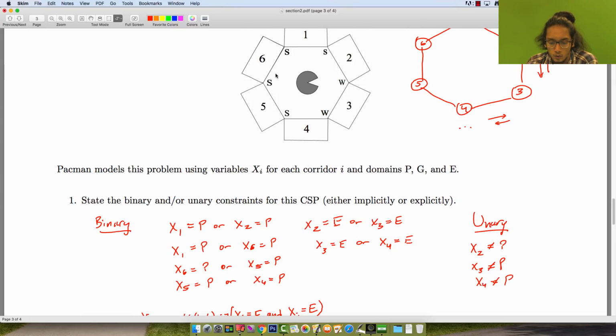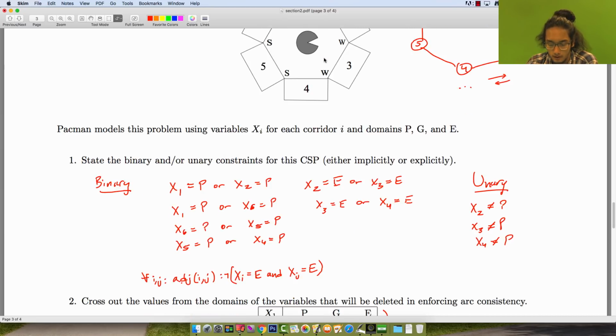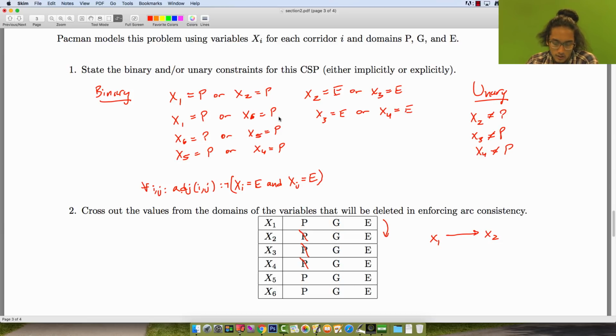Why was that? Going back up here, that's because we had a strong wind over here. So assigning p to x1 already makes this be true, and none of the other constraints are relevant to the arc between x1 and x2, which means that all the constraints in fact get satisfied, right?